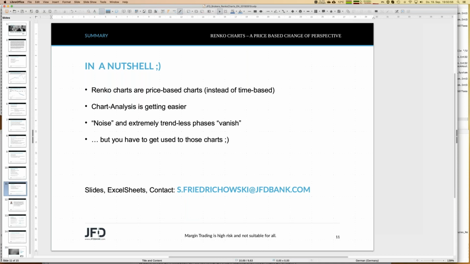And don't try to find the corresponding points within the standard chart. That's not the idea of Renko charts, to compare them with the standard charts. The idea is to get a clear and structured view on trend behavior, resistance lines, support lines, and that's what's good about Renko charts, because it's that easy and that obvious.